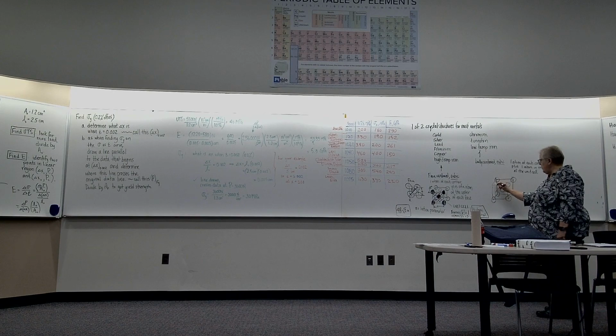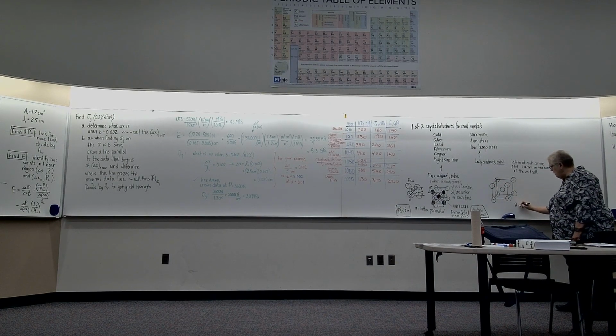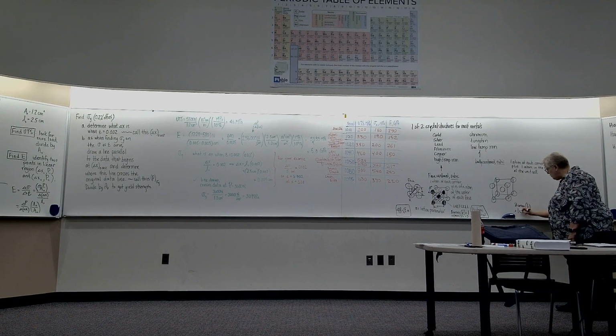So if I needed to know how many atoms are in the cell, I've got 8 corner atoms times 1/8, plus 1 center atom.